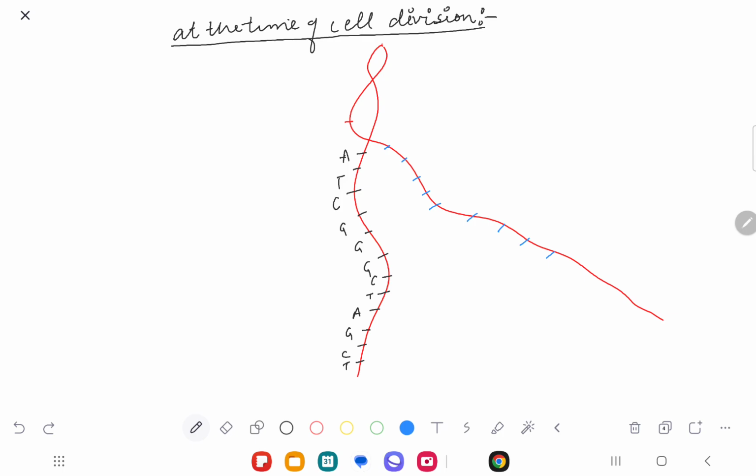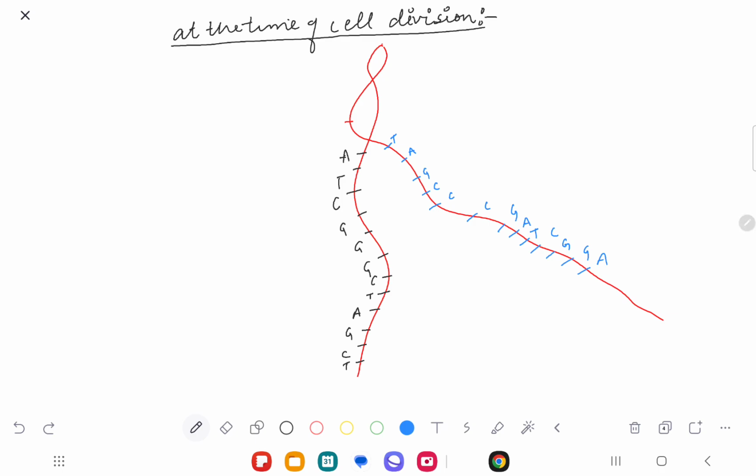Right in front of A, it would have been T. Right in front of T, it would have been A. In front of C, it would be G. In G, it would be C. In front of T, it would be A. In front of A, it would be T. In front of G, it would be C. In C, it would be G. Do you understand? In front of T, it would be A, isn't it? Now, what would that mean?